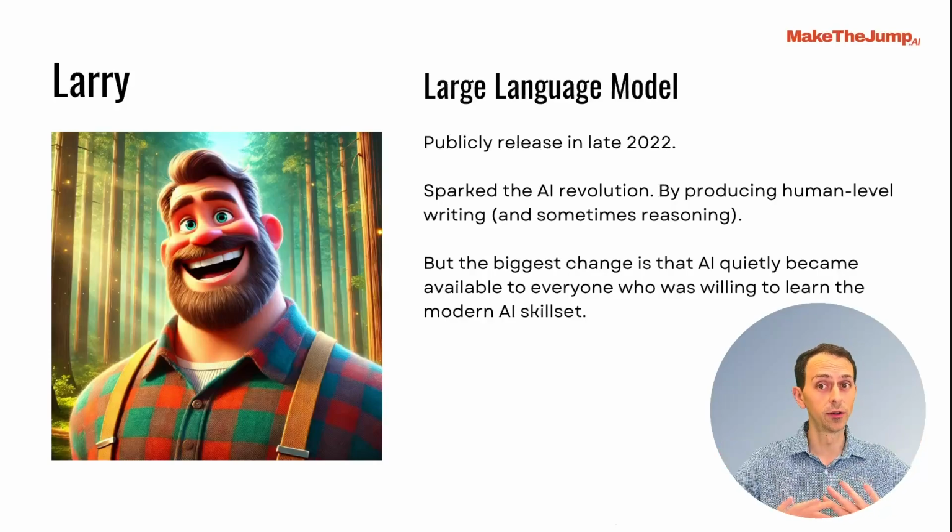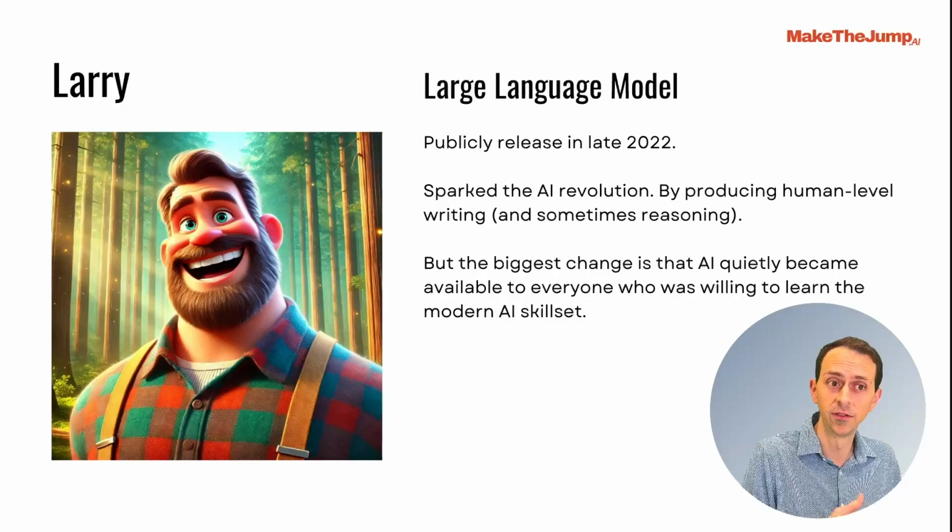So this sparked a revolution, not just in the idea that we can actually interact with a computer using human language. We can summarize text data out of a database into an email to a customer. But more importantly, it took this really expensive type of deep learning and made it available to anyone at a very low cost.